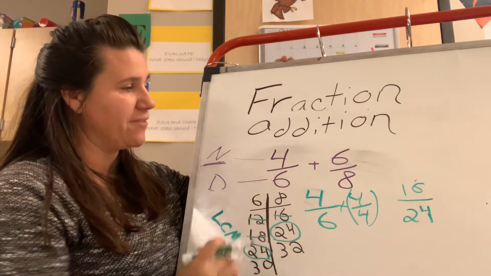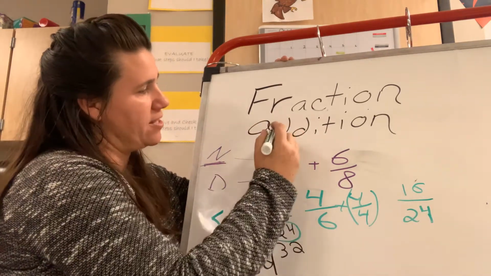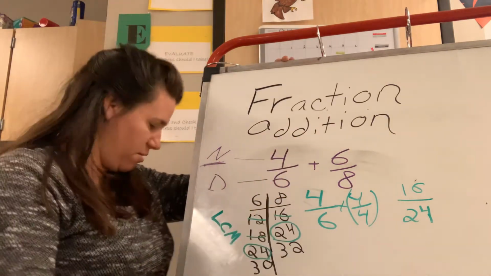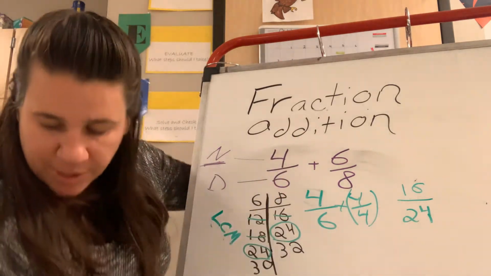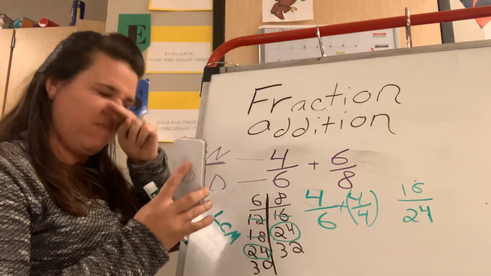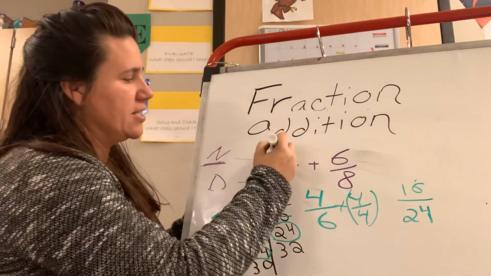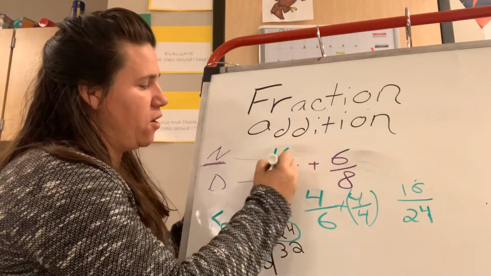So now I have 16 24ths. So I'm going to put that, let's actually change it as we go. Let me get my eraser. So 4/6 becomes 16 over 24.